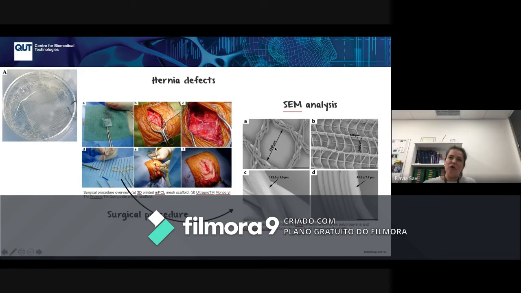This has a lot of space, so the cell would get lost here. There is nothing to attach to and stay there. Here you would have less space, so the cell would have a lot of space to grow to, and here not so much.